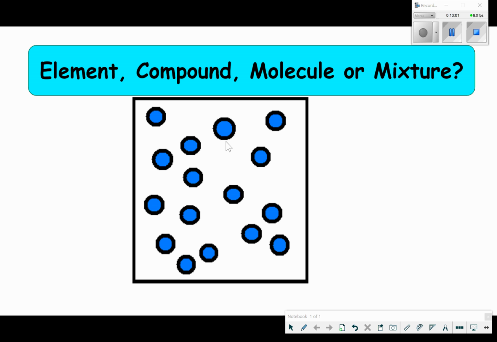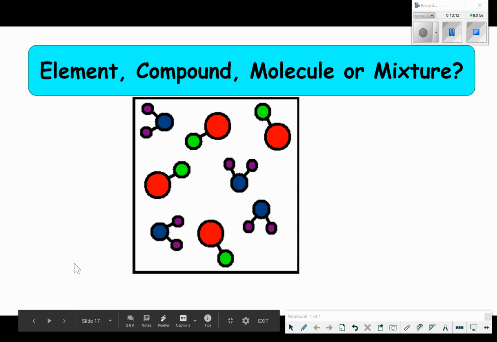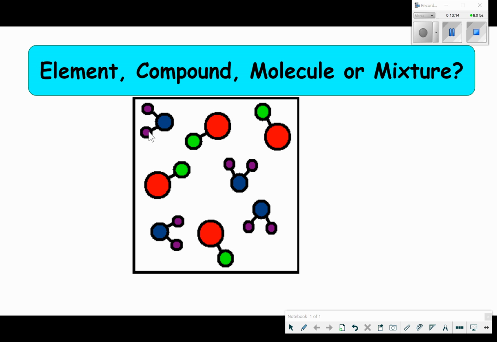Here we've got one type of atom. They're all consistent. They're all the same atoms. So we are talking about an element here. Okay. We've got bonds and everything. We have different materials. So this has to be mixtures.